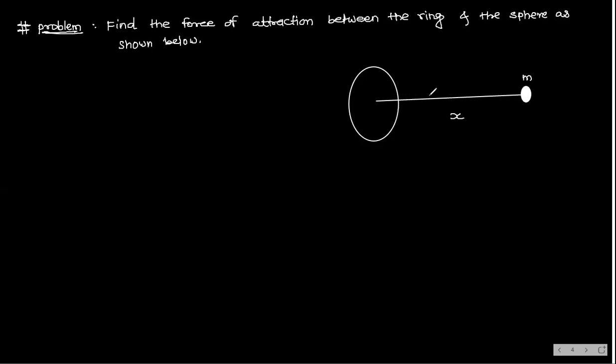The small mass is m, and this ring has mass capital M. Like this ring they have given, whose radius is R. And this small sphere has radius small r. Now what is he asking?